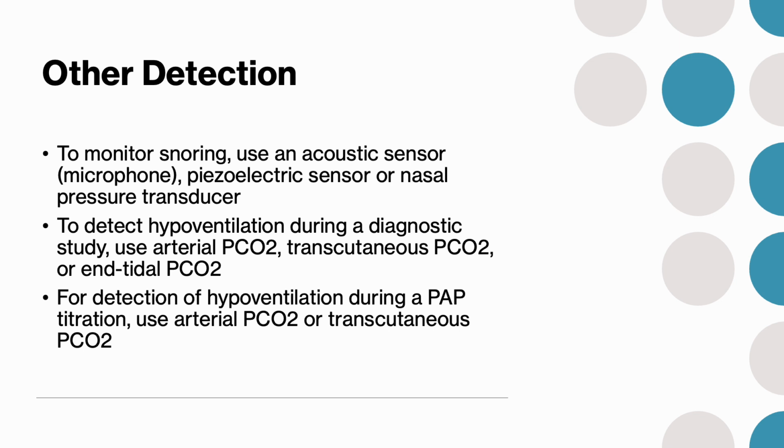Hypoventilation can be measured during diagnostic or PAP titration using arterial or transcutaneous CO2, but diagnostic can also use end-tidal CO2. It's really difficult to measure end-tidal CO2 with a CPAP mask. I've seen it done before, but it required drilling a hole in the CPAP hose and running a beheaded cannula without the nose pieces through a hole, and far enough up into the CPAP mask that it's right outside the nose.